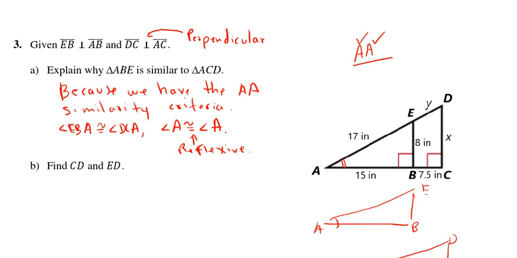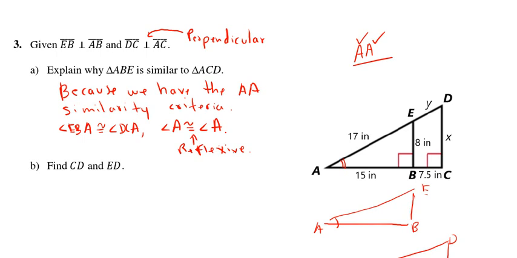Any questions? Okay, I'm just writing this because I think it could be acceptable in a regents exam, for example. Otherwise, you could just say triangle ABE is similar to triangle ACD because, but at least that's fine.